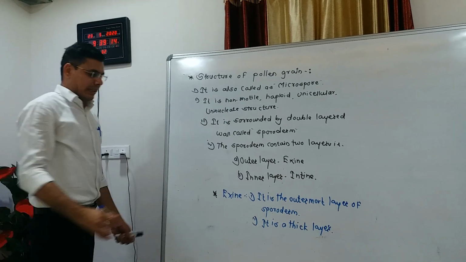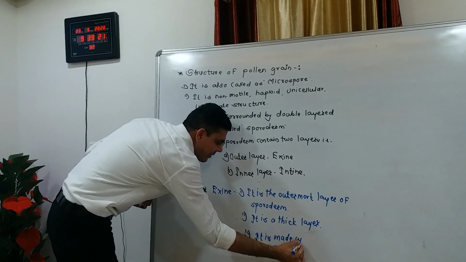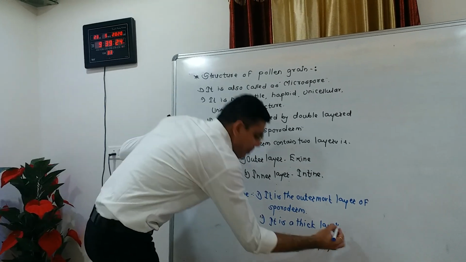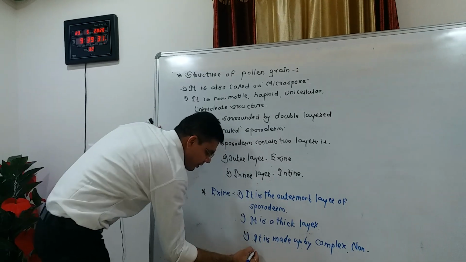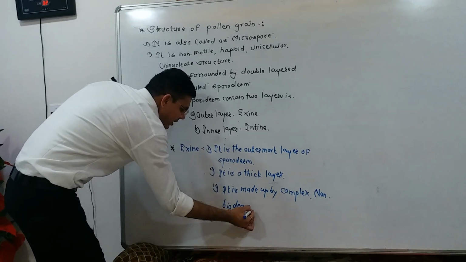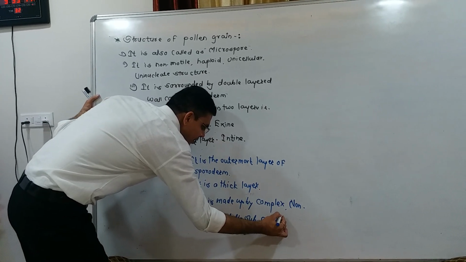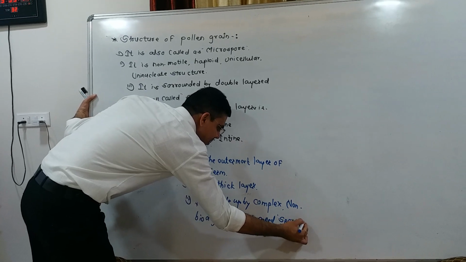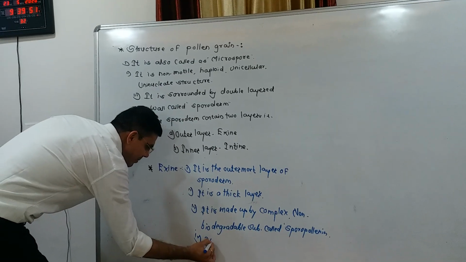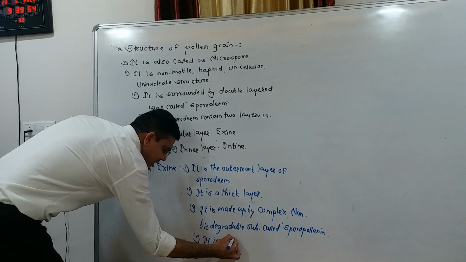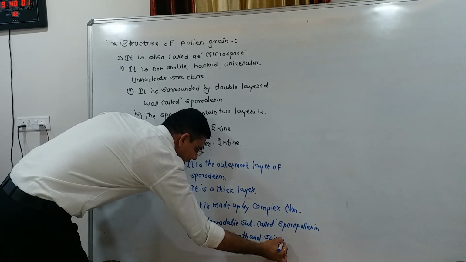It is made up of a complex, non-biodegradable substance called sporopollenin. It is a smooth and spiny layer.